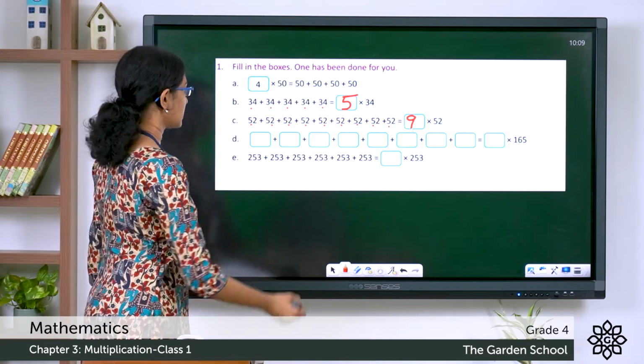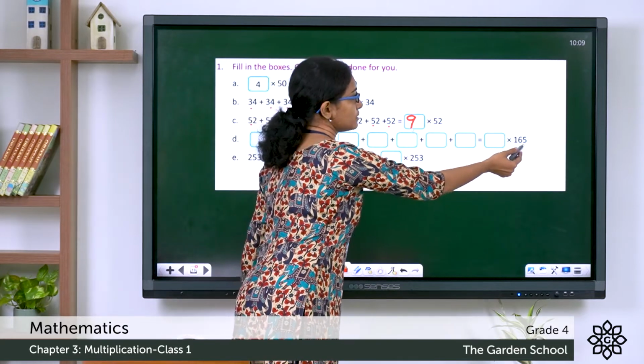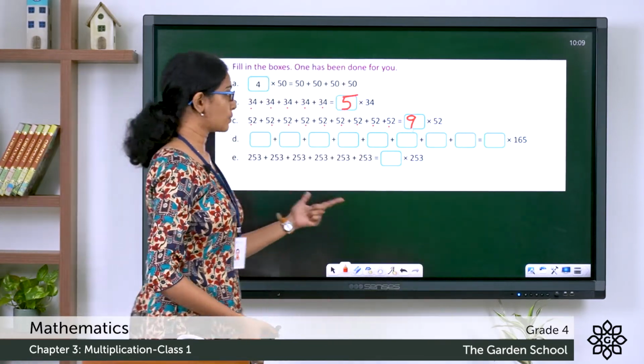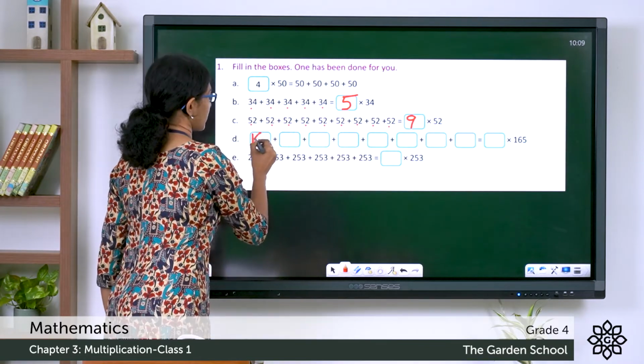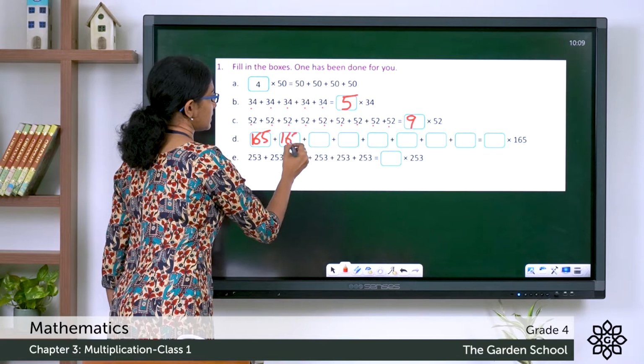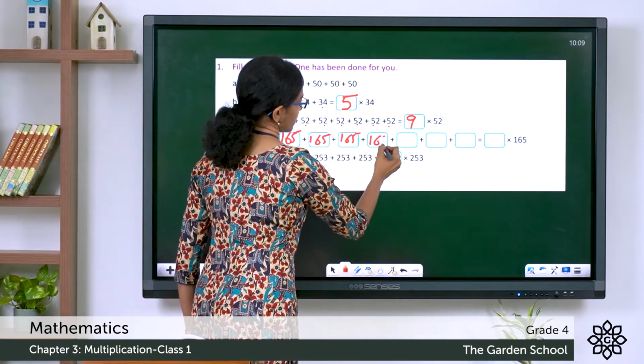Now question D. Here the boxes are given and it is given as dash times 165. So the number we are adding repeatedly is 165. So we have to fill in these boxes with the number 165.